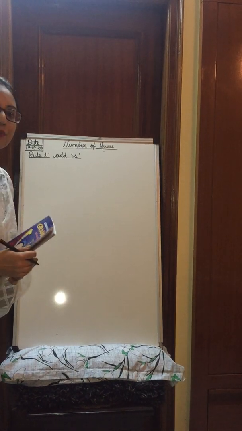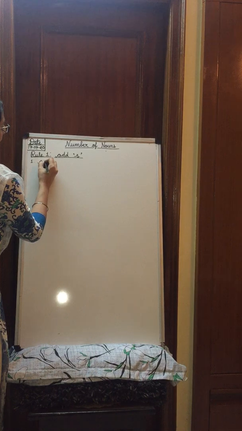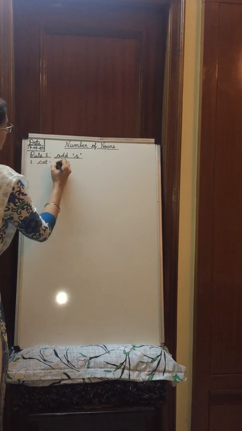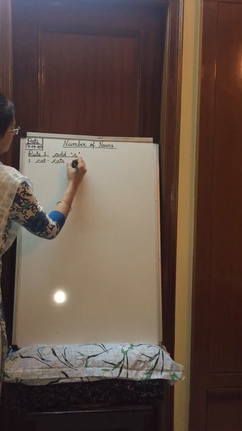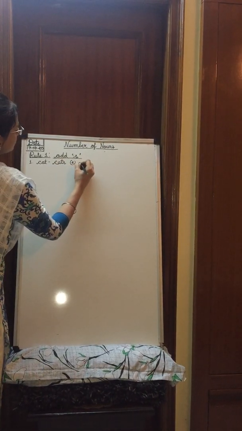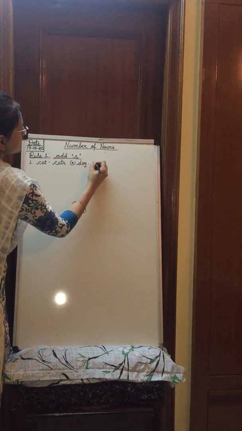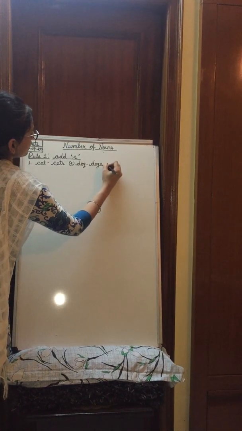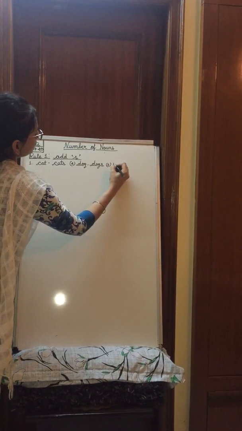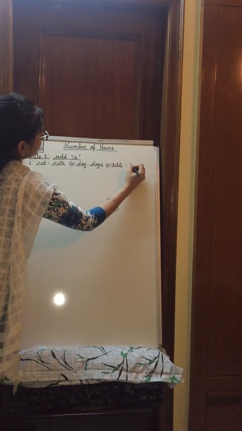And some examples are like cat, cats, dog, dogs, table, tables.